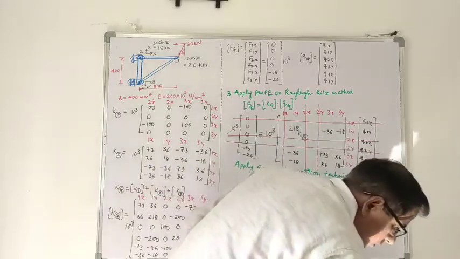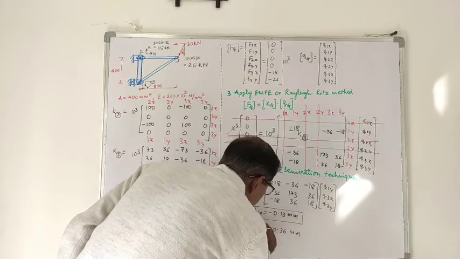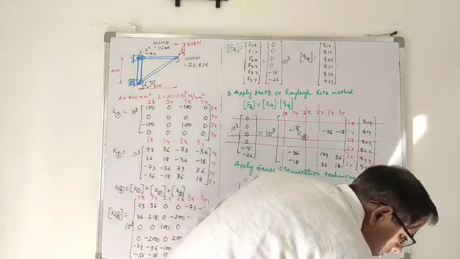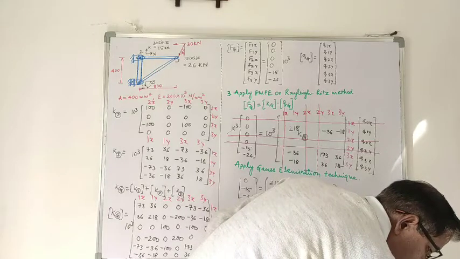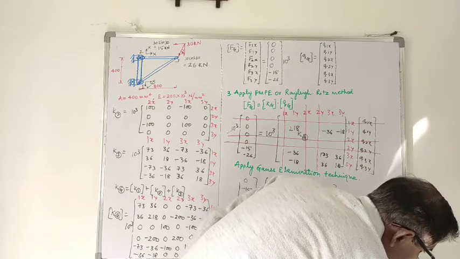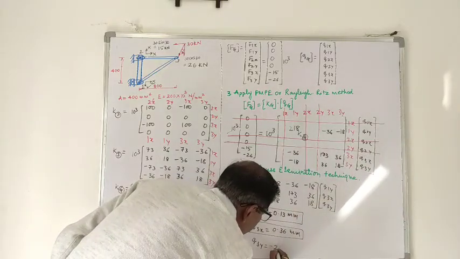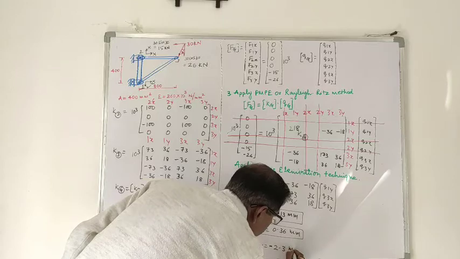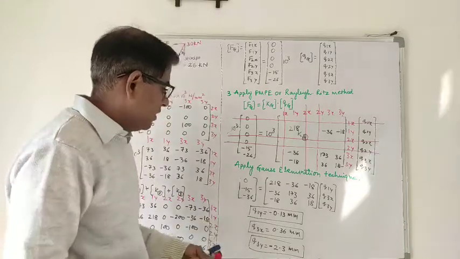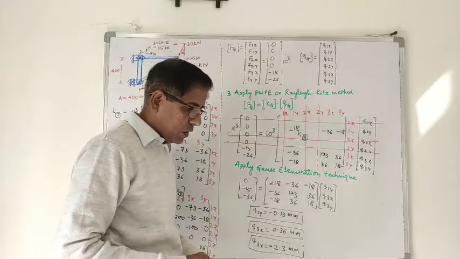Q3x comes out to be 0.36, and Q3y comes out to be minus 2.3. So these are the three displacement values that we calculated out of it.